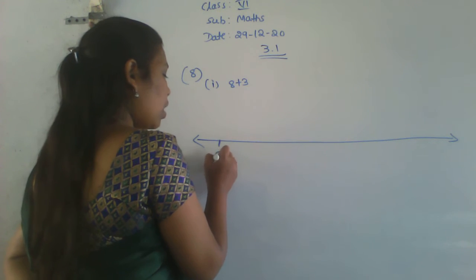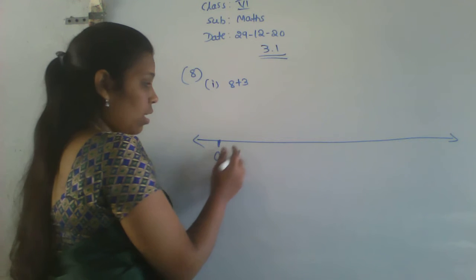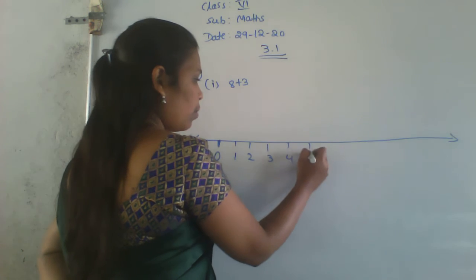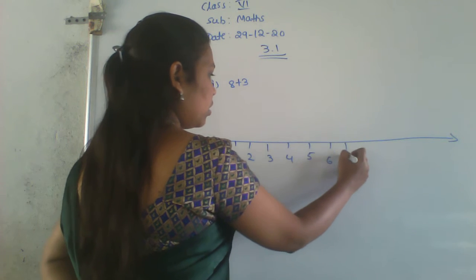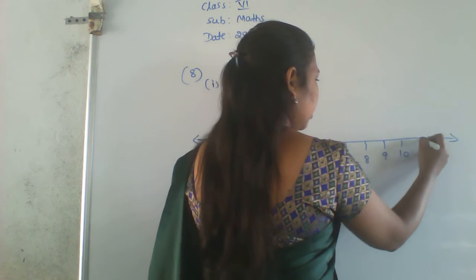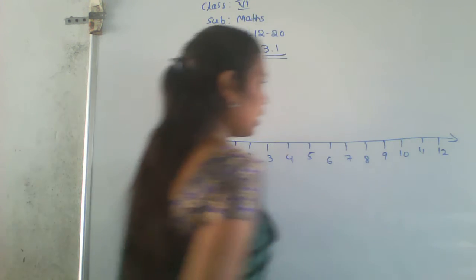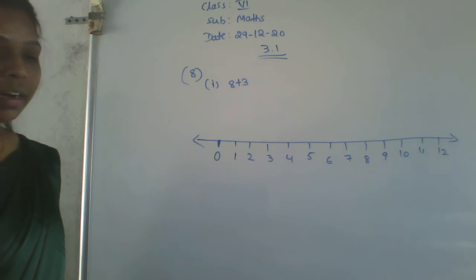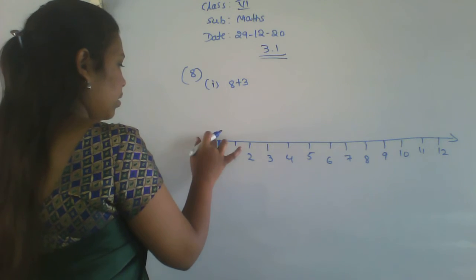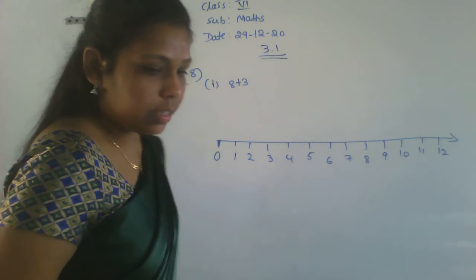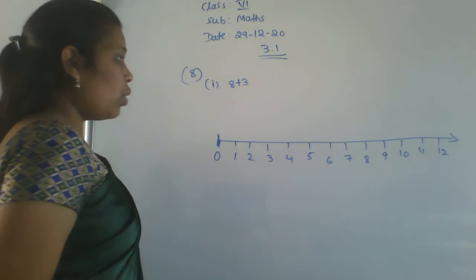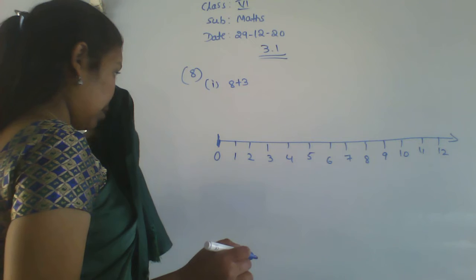So whole numbers means start with 0 here, right? 0, 1, 2, 3, 4, 5, 6, 7, 8, 9, 10, 11, 12. Okay, so this is a number line. Start with the 0 value. So I went up to 12.